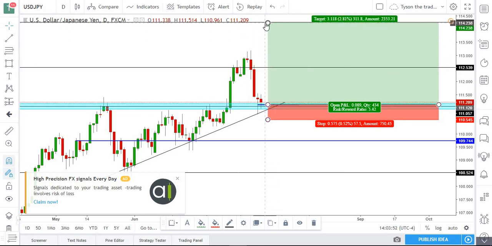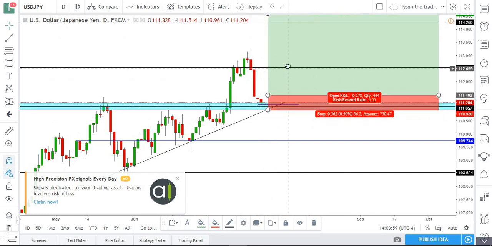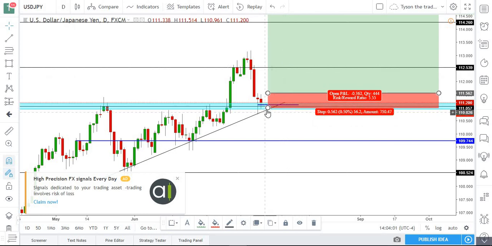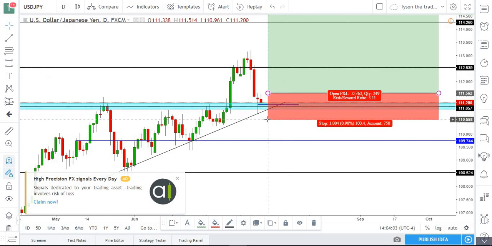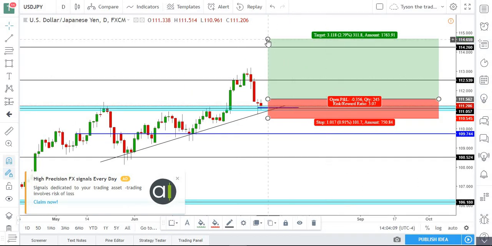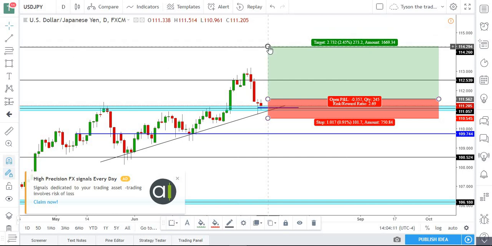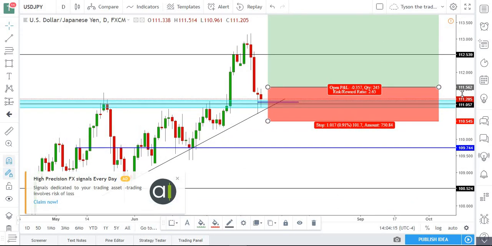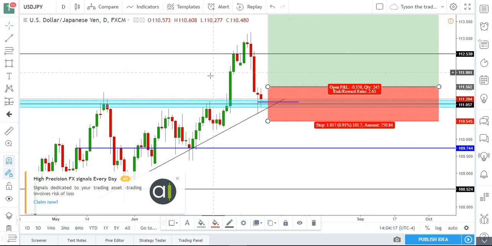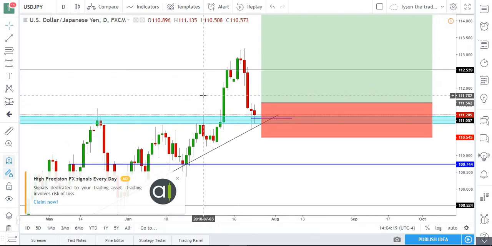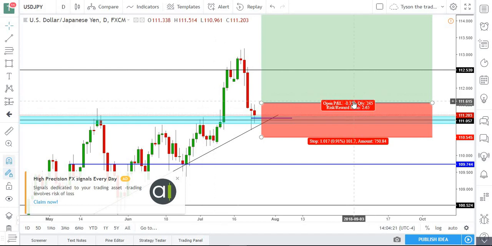You can see that the risk and reward is 1:5.42. However, same place, same stop loss placement, but a different entry, and our risk and reward goes back to 1:1.26. So that's the power of using the 50% entry of these pin bars.